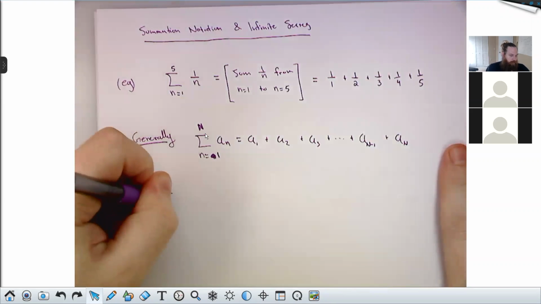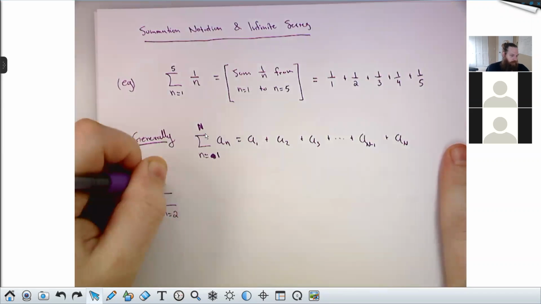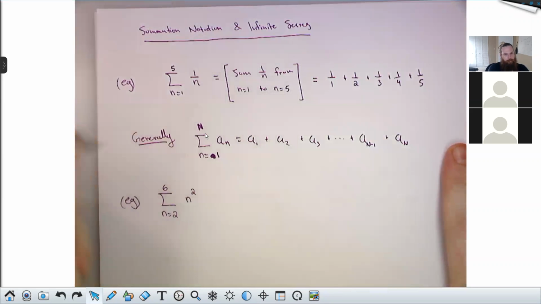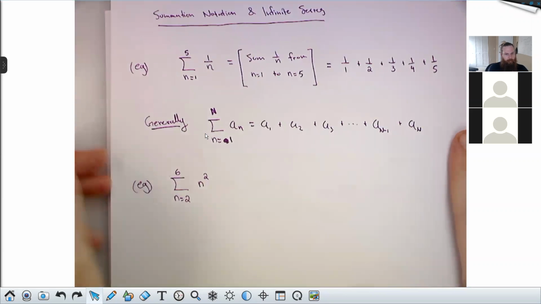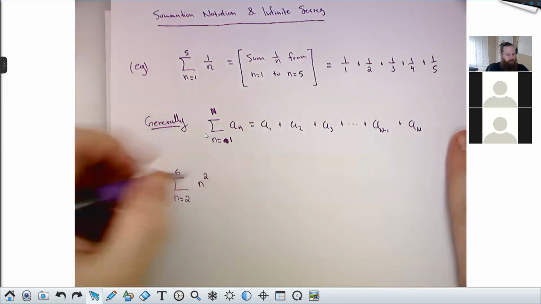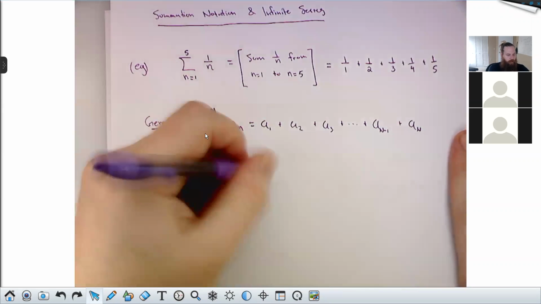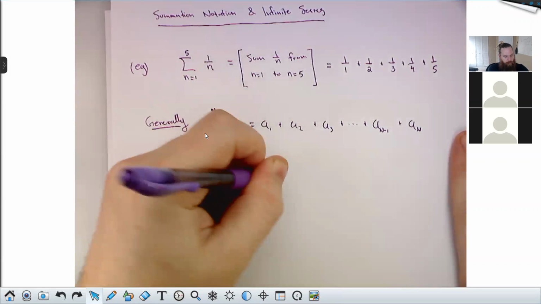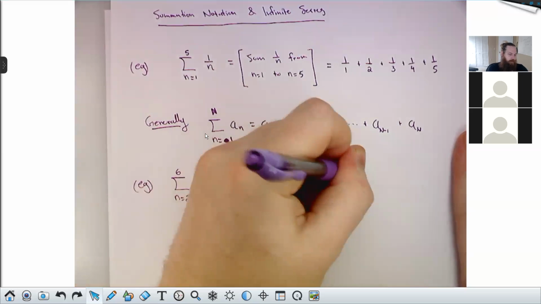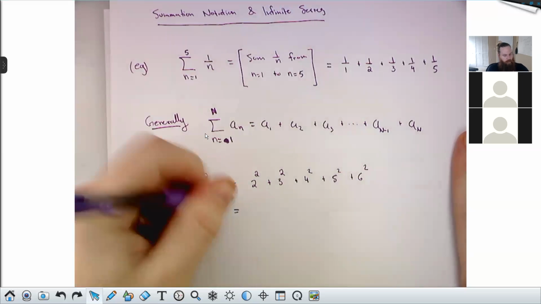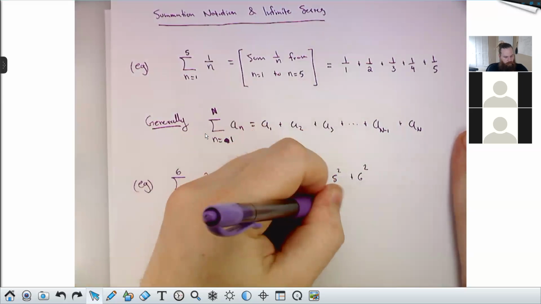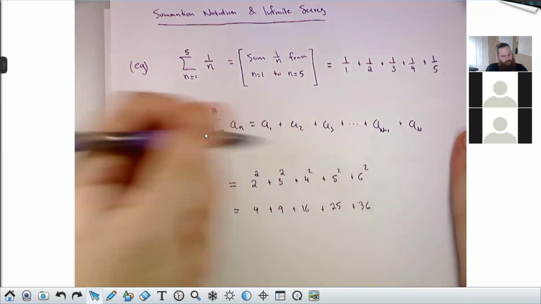So suppose I wanted to compute the sum from n equals 2 to 6 of n squared. That means I'm going to take these things and add them up as n goes from 2 to 6. So in other words, that is just shorthand for 2 squared plus 3 squared plus 4 squared plus 5 squared plus 6 squared, or 4 plus 9 plus 16 plus 25 plus 36.